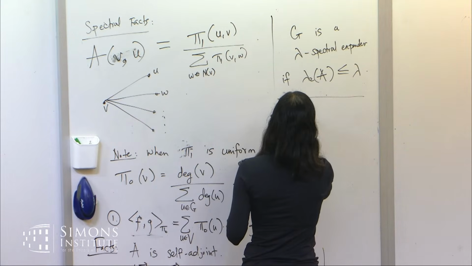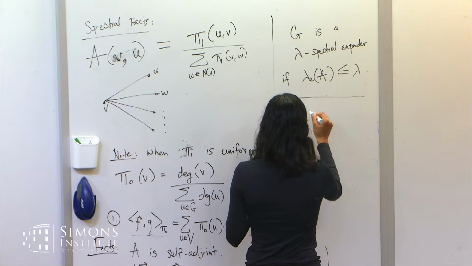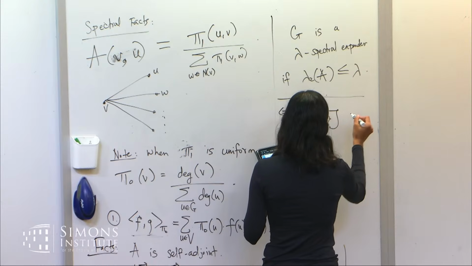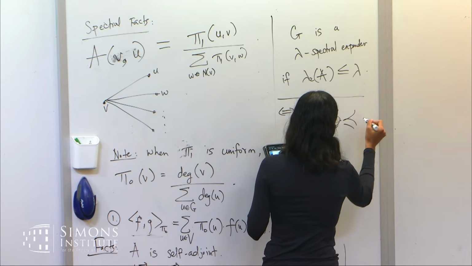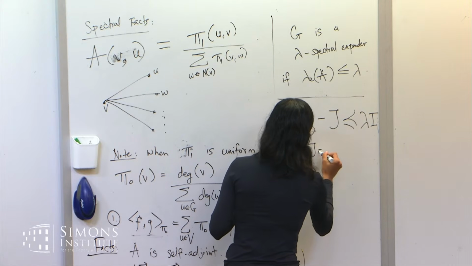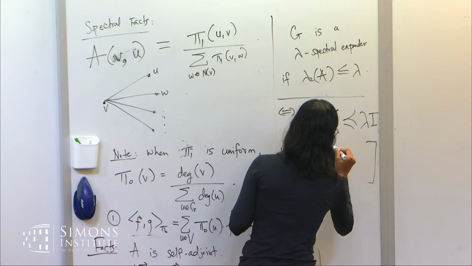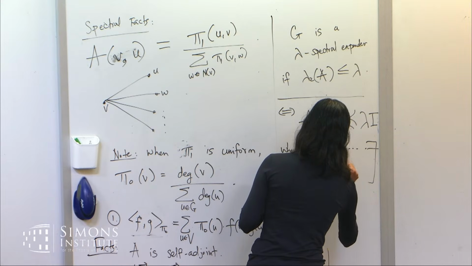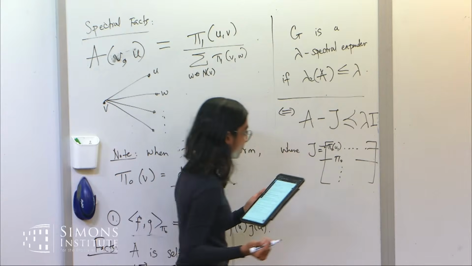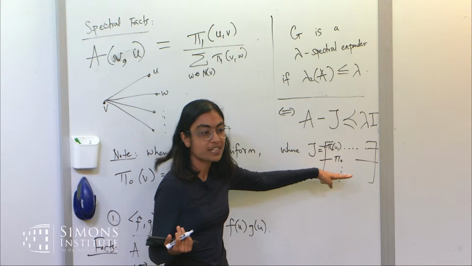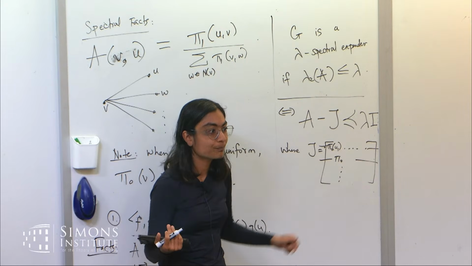And equivalently, this is like saying that A minus the matrix J, which I'll just define, is PSD less than lambda times identity, where J is just the matrix which has the distribution pi 0 in all its rows. So when you have a uniform graph or a d-regular graph, this matrix is just 1, 1 transpose over n.